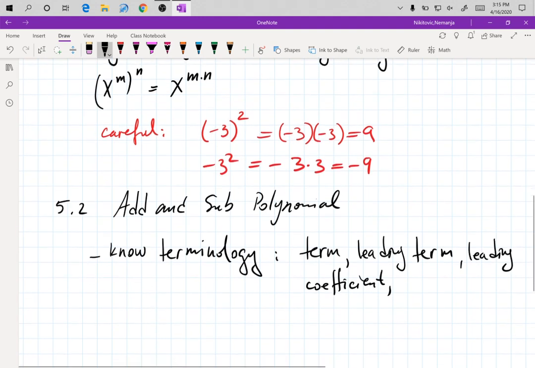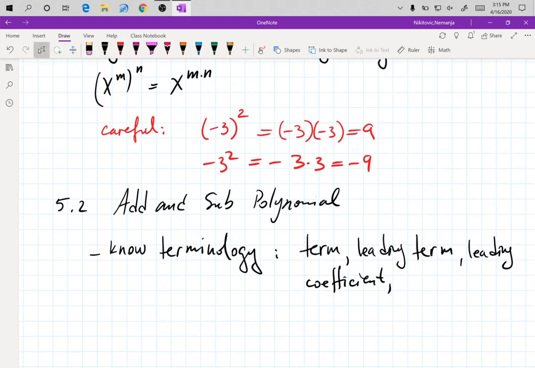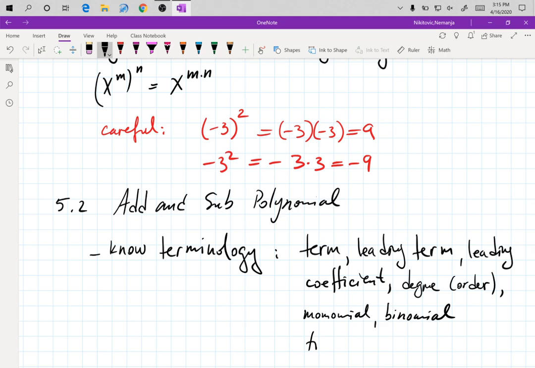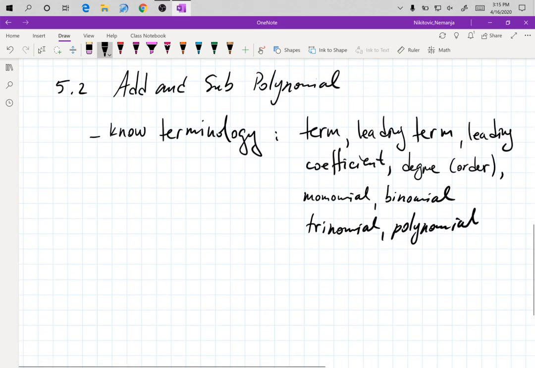You need to know what degree, also known as order, is. Words like monomial, binomial, trinomial, polynomial. We learned all of those words there.